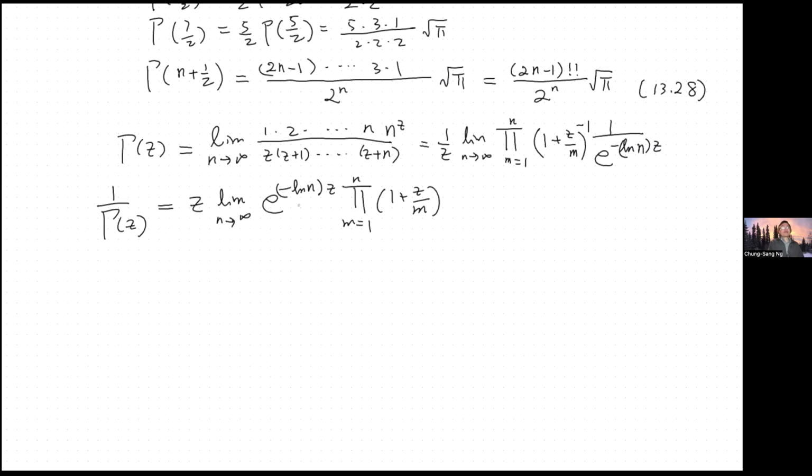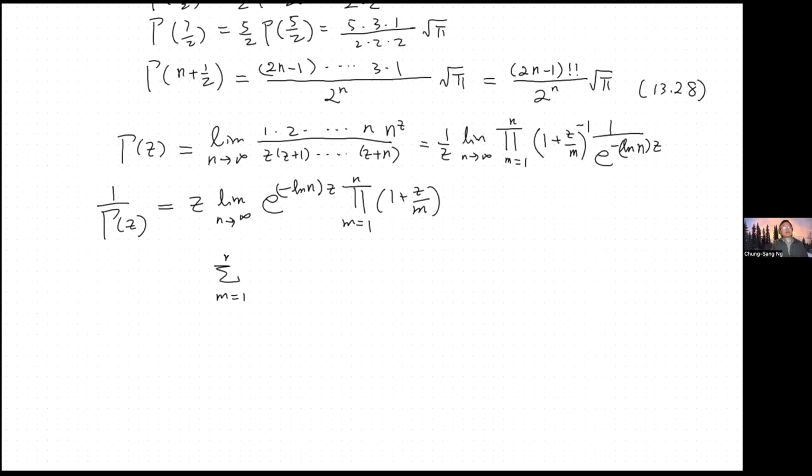To get rid of this log n, we use one result from chapter 1, when I talked about infinite series: the sum over m of 1 over m, and actually, it's not to infinity yet, just to n terms.